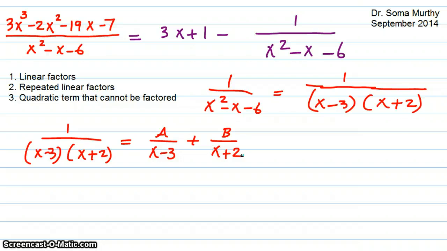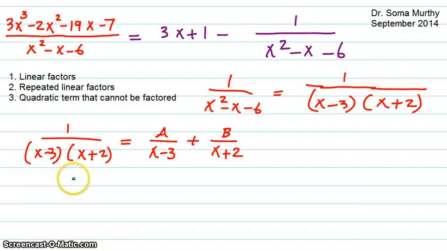And the way to do that is basically solve this big equation here. One way to solve this is multiply both sides of this equation by what's in the denominator here, x minus 3 times x plus 2.